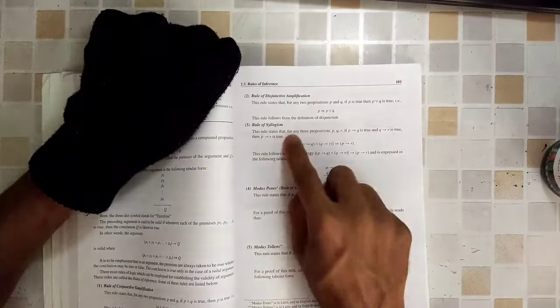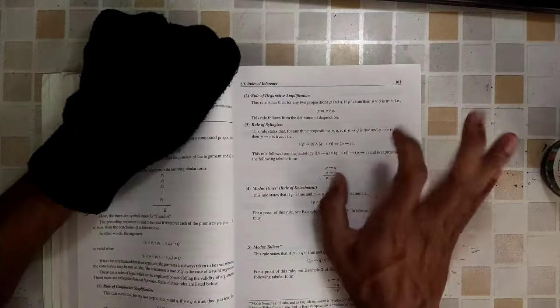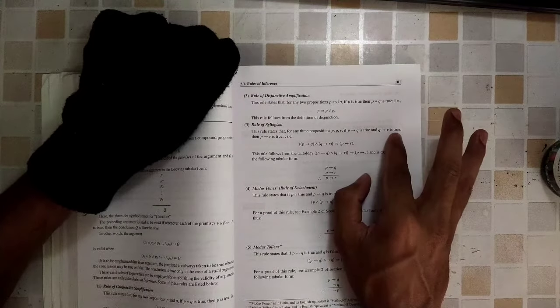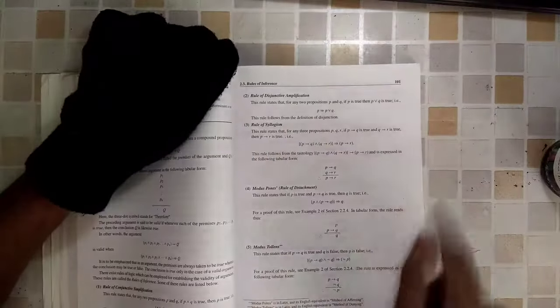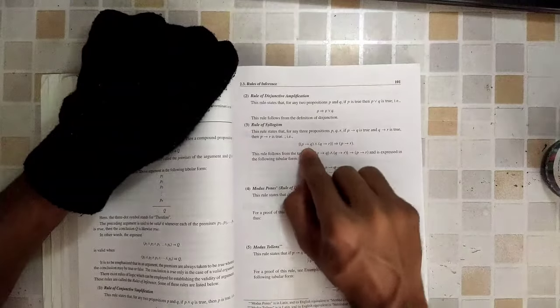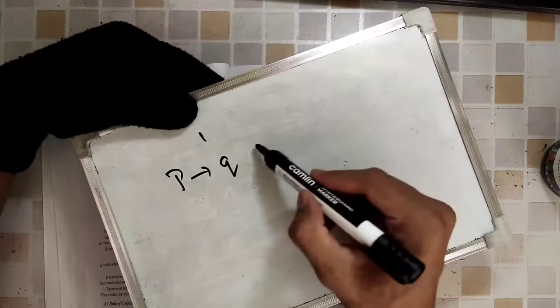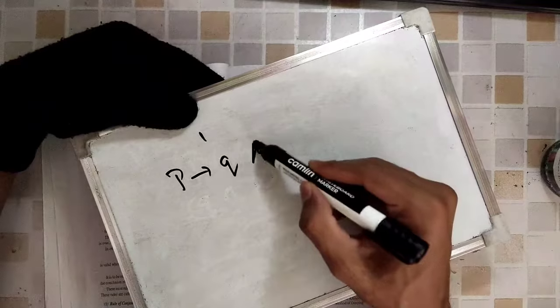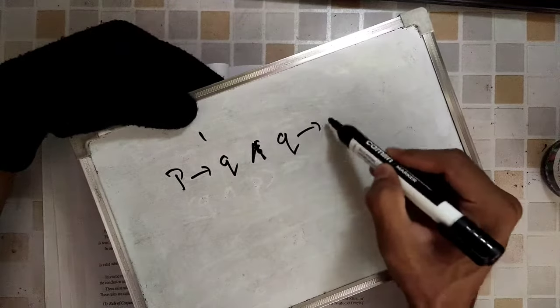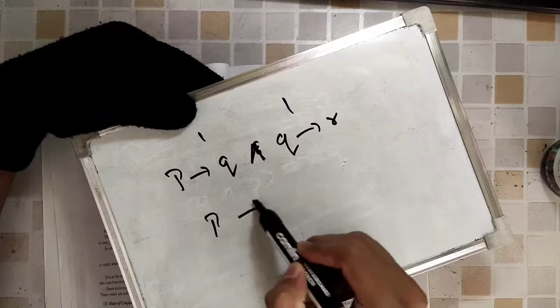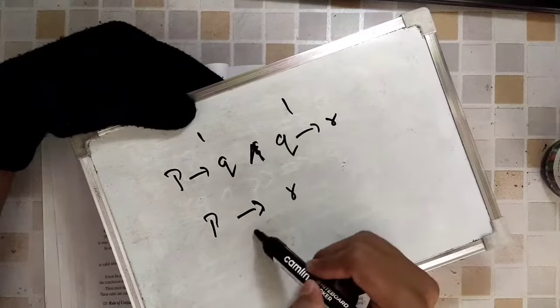Then the rule of syllogism. The rule states that for any three propositions P, Q, R, if P implies Q is true and Q implies R is true, then P implies R is also true. If I just explain that, P implies Q is true, and Q implies R is also true, then P implies R will also be true.